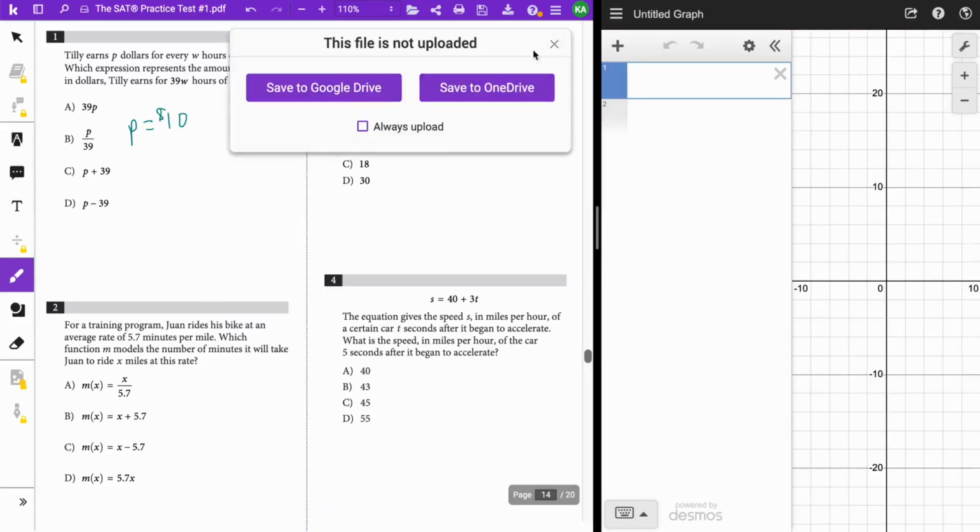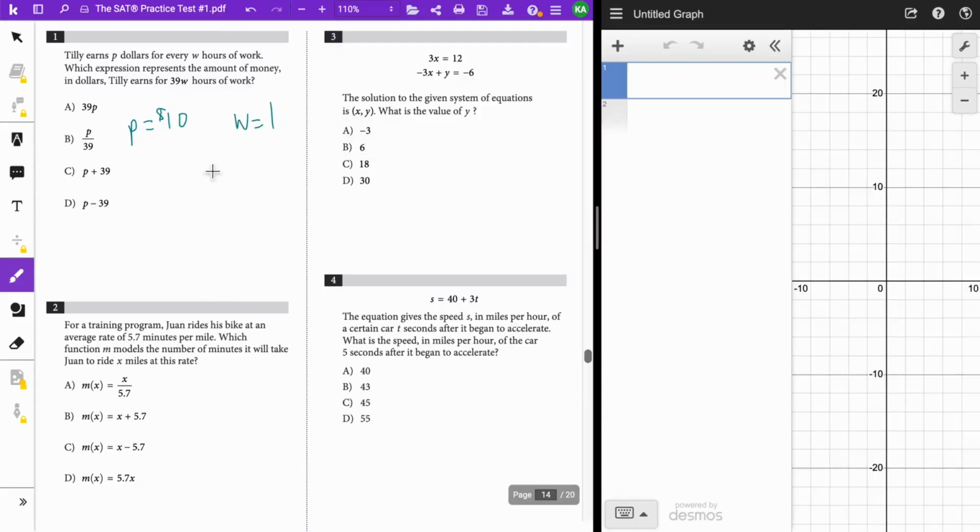If she works 39 W hours, 39 times 1 would be 39 hours, so we scale that up and multiply 39 by 10. It would be 39 times P. Did you see what we did there? 39 times 10, $390, is what Tilly would earn. So that would be A.